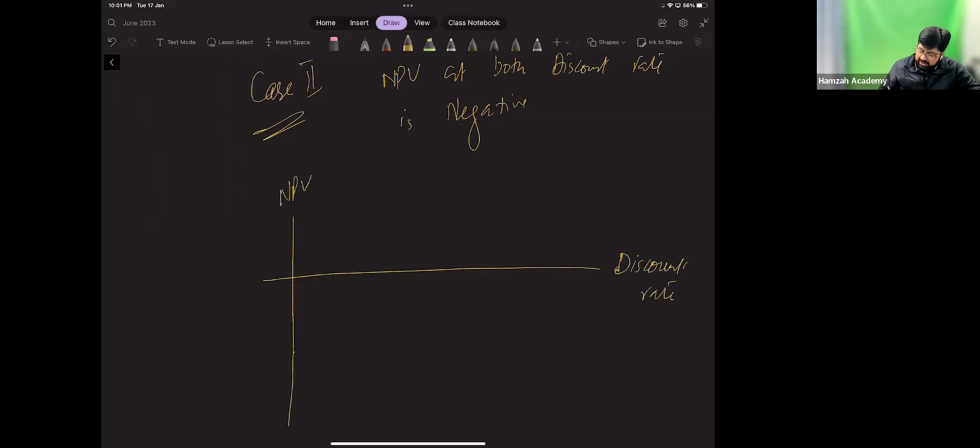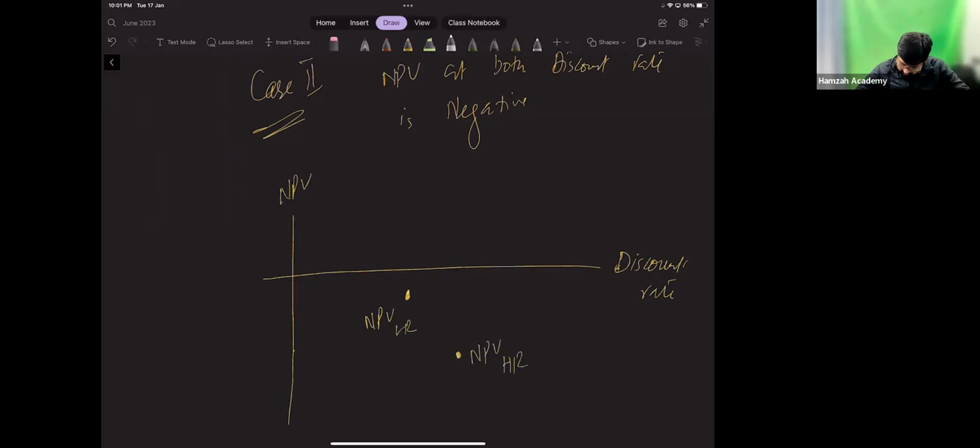So you see here, negative NPV at lower rate, negative NPV at higher rate. This is IRR.